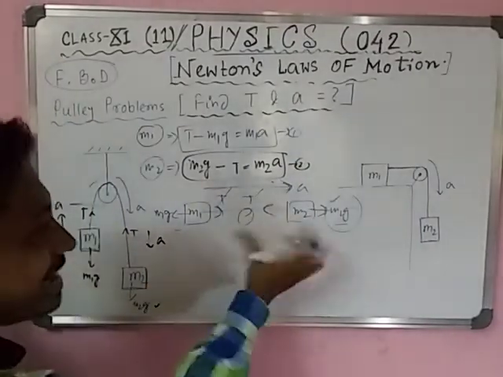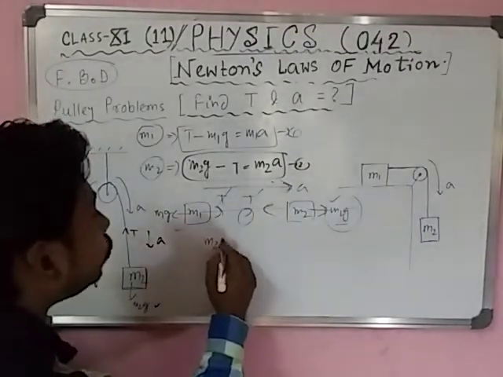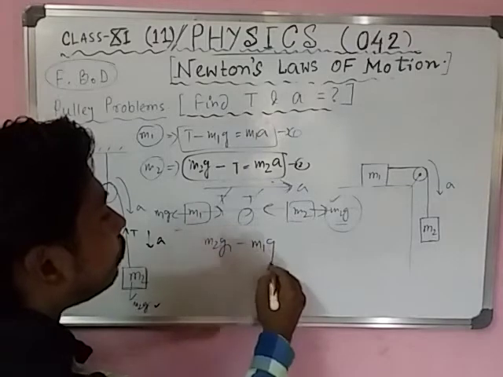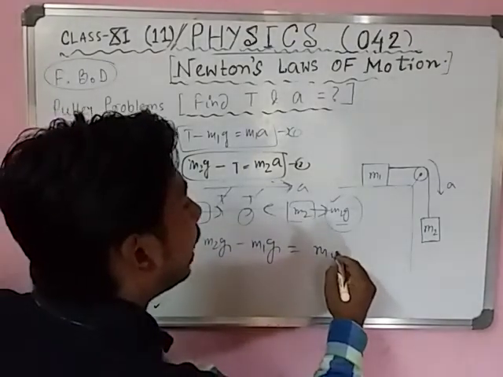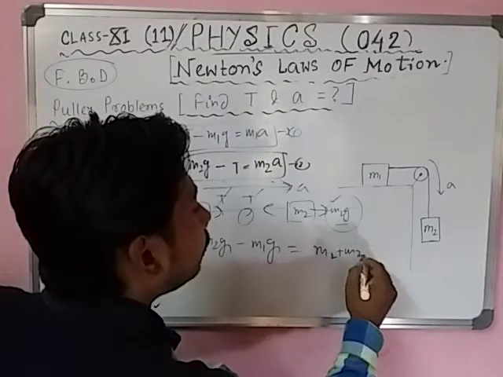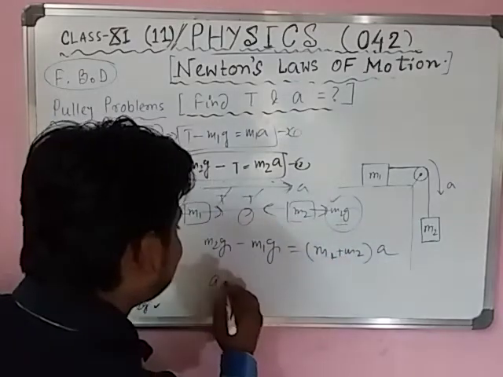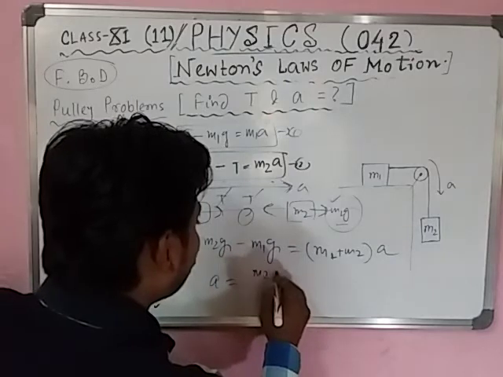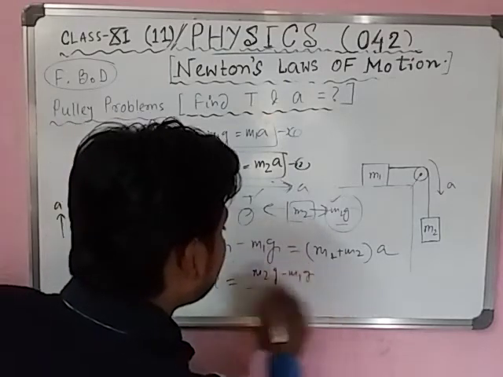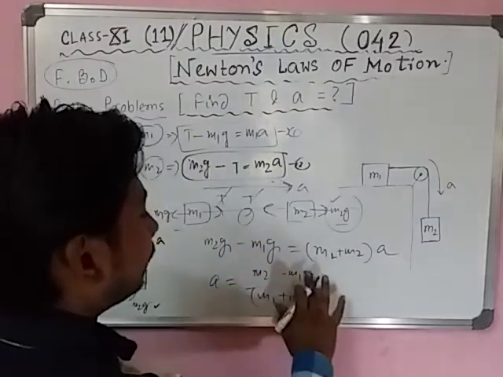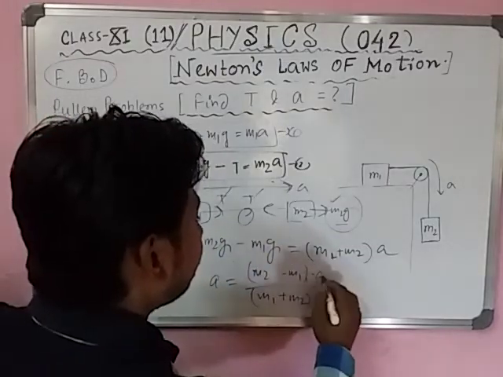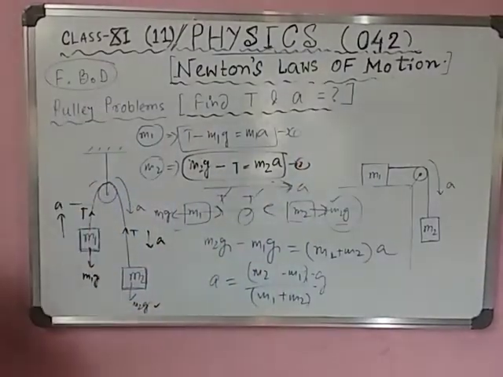So you can write the net force m2g minus m1g is equal to net force, meaning total mass into acceleration. So acceleration equals (m2g minus m1g) by (m1 plus m2). Just take g outside. So this is your result. Same result.